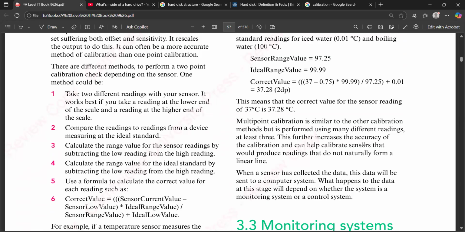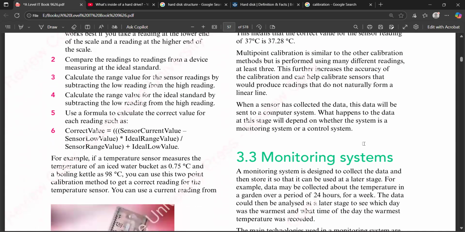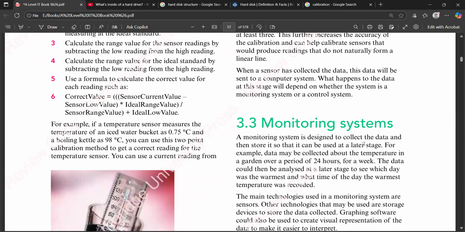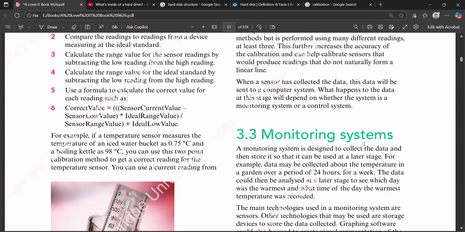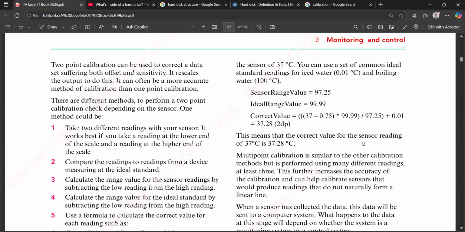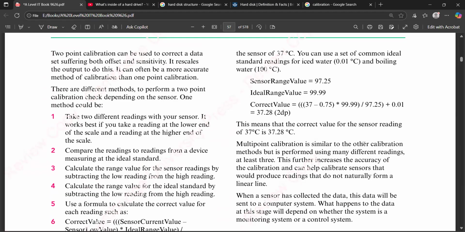Then you can calculate the range by subtracting the low reading, using the formula. For example, a temperature sensor measures the temperature of iced water at 0.75 and a boiling kettle at 98 Celsius. You can use these 2 point calibrations, one at the minimum and one at the highest, to make sure that you are getting accurate readings, and apply the formula.